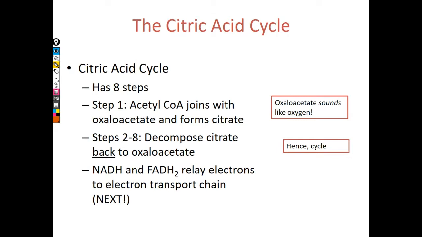So, on Friday and beyond, we have been working through cell respiration. Remember where we are. We started with one glucose molecule, which had 6 carbons, and we made pyruvate.